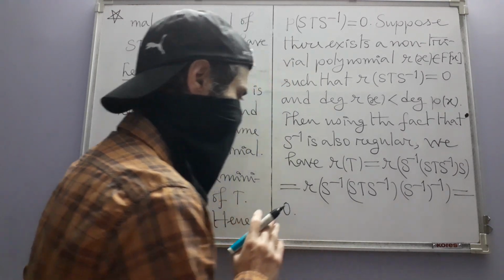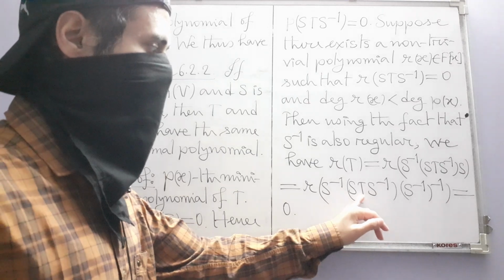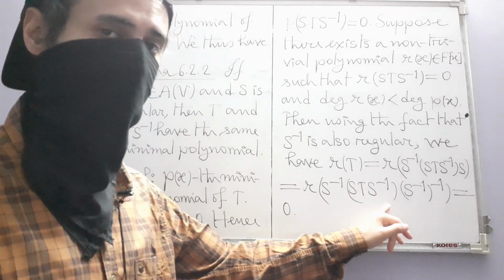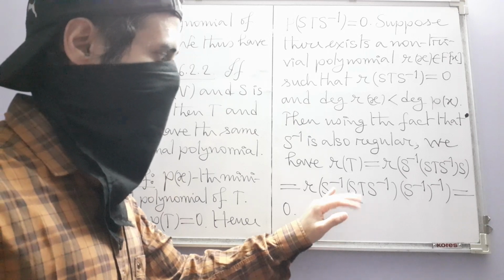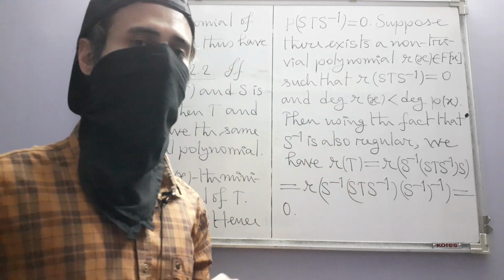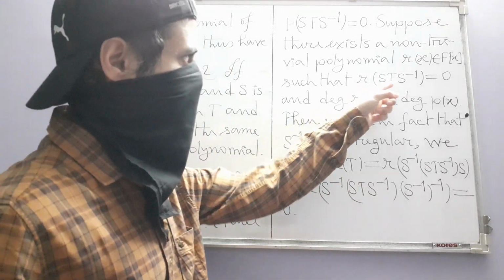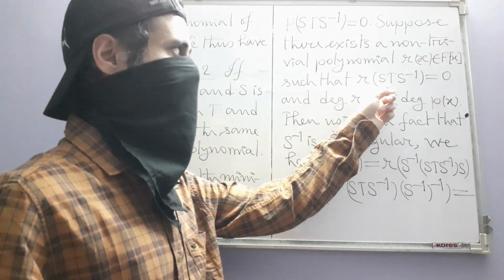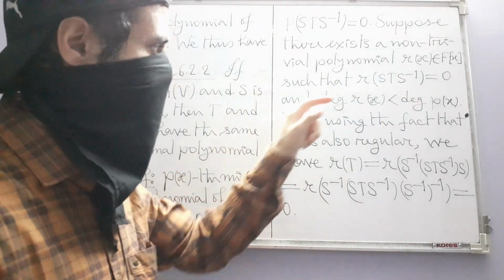So we have proved that if T is any linear operator, then its conjugate by a regular operator satisfies a polynomial that T already satisfies. And we now have this. You see, now our operator is STS inverse. In place of T, we have that now.